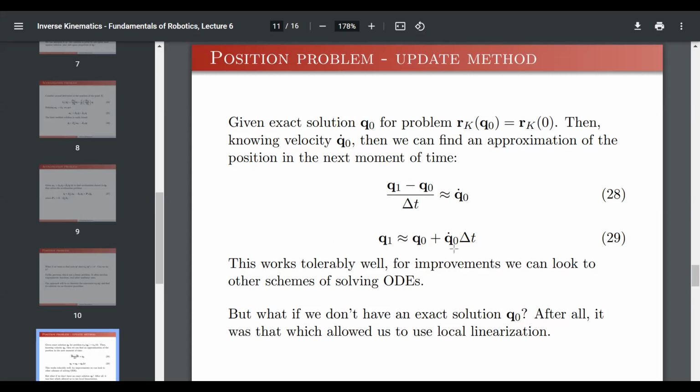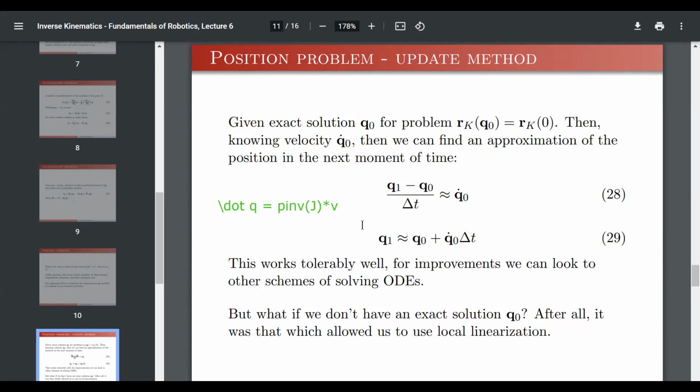It's quite good. Of course, q dot 0, I didn't write it here, but q dot 0 can be found by pinv of J times v, right? That's how we found it.